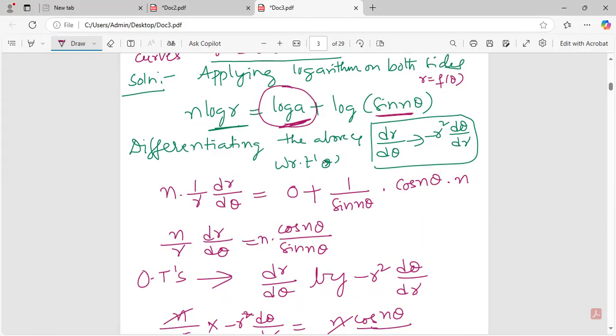However many parameters there are, that many times I will differentiate. I have a single parameter, so I'll differentiate only once. If it gets eliminated, it is fine. Otherwise, I'll get some value for it and eliminate it in the given family of curves by inserting that value. Here it is directly eliminated. Only after eliminating the arbitrary constant or the parameter will I replace it for the orthogonal trajectories.